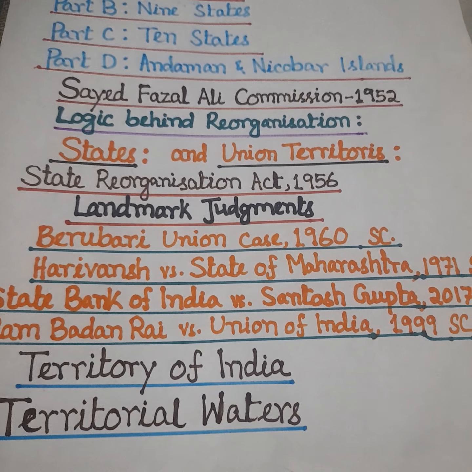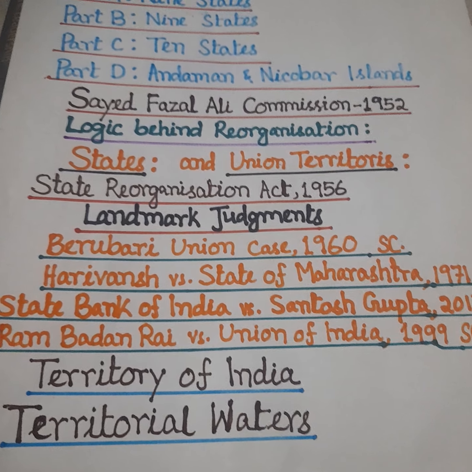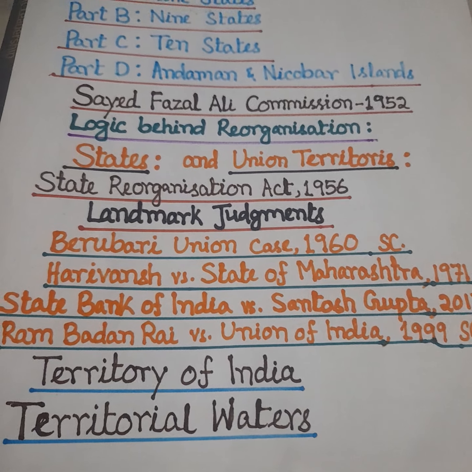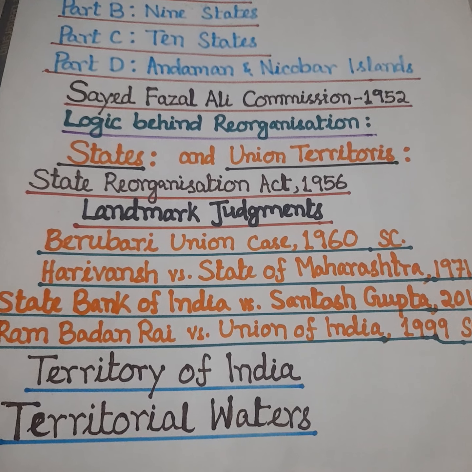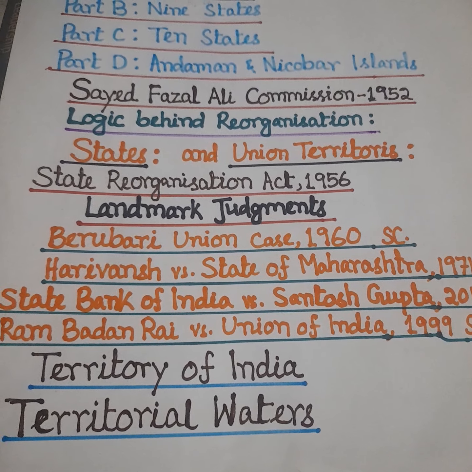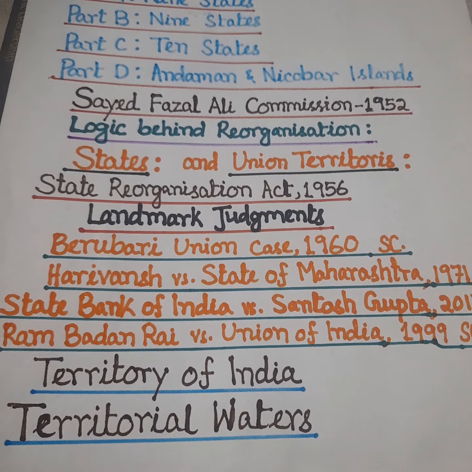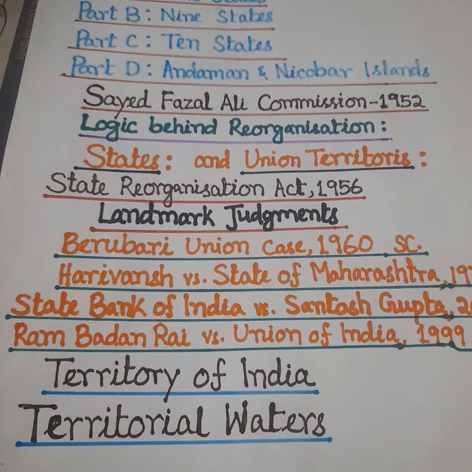And in 2000, the Jharkhand, Chhattisgarh, and Uttarakhand states were created. And finally, the Andhra Pradesh Reorganization Act 2014 created, on 2nd June 2014, the Telangana state.